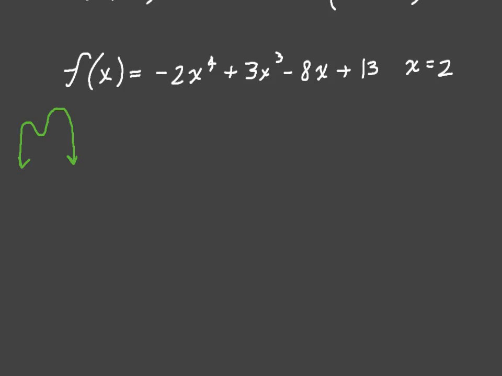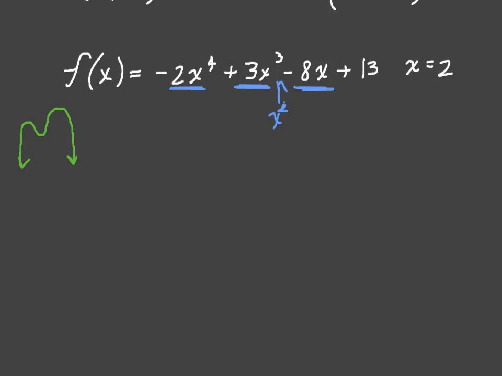So this time you get the treat of setting this up to do synthetic substitution, and I've shown you a little bit. Keep in mind, you want to have this in standard form, which it already is. We've got x to the fourth, we've got x cubed. Do you see that we're missing the term with x squared? So make a note of that. Take a minute to check out what's going on there so you can remember placeholders.